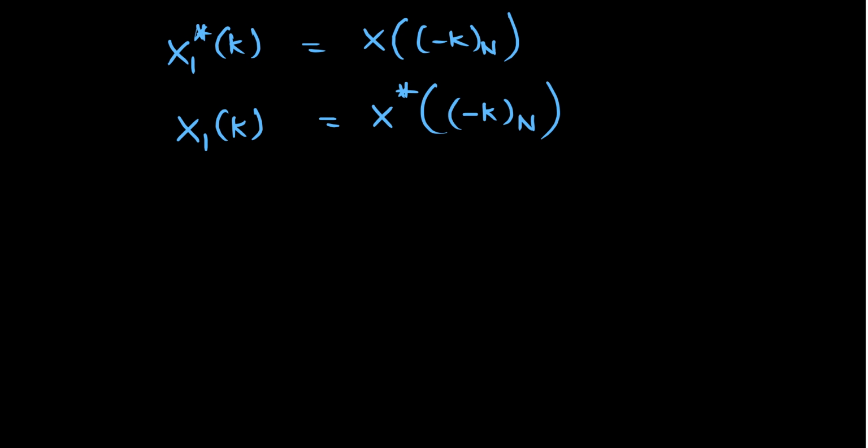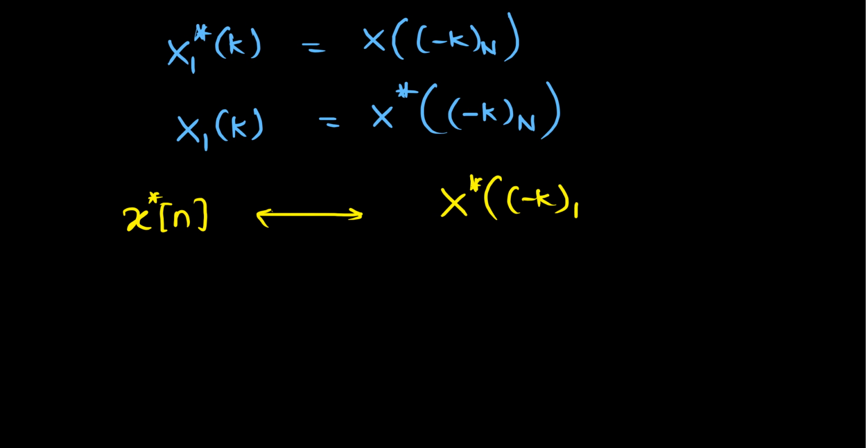So when we consider the complex conjugate in the time domain, that is x conjugate n, in the frequency domain we are again going to get the conjugate but with a circular shift. So this is known as the complex conjugate property in the time domain.